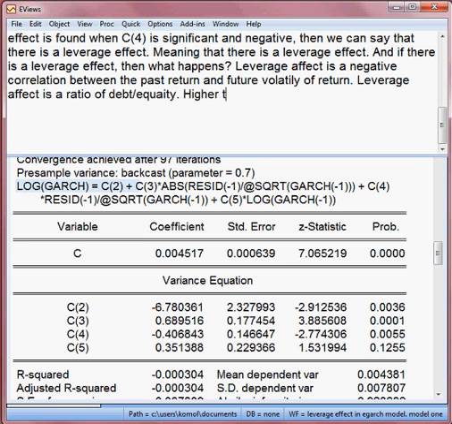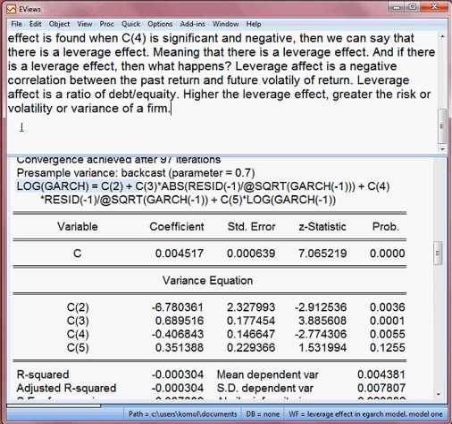Higher the leverage effect, meaning that greater the risk, or volatility, or variance of a firm.